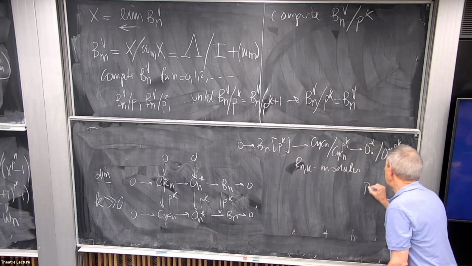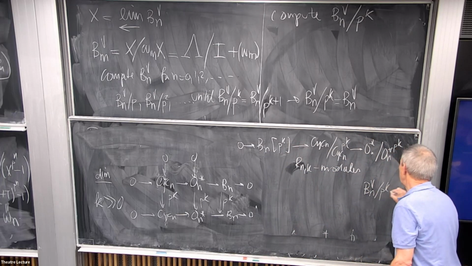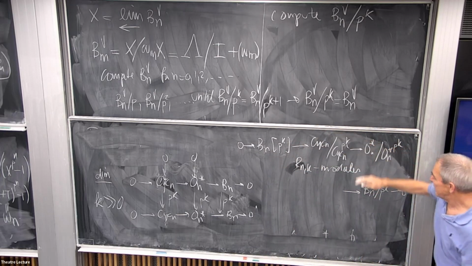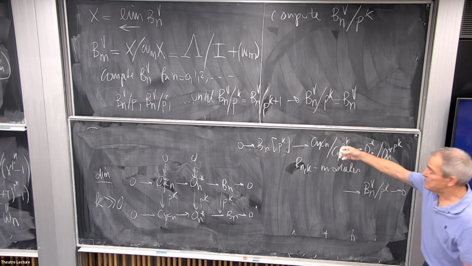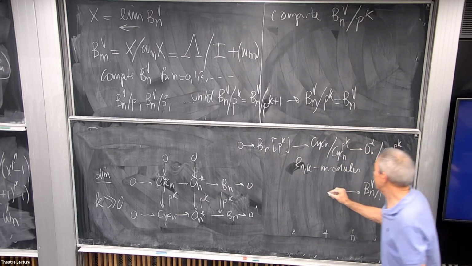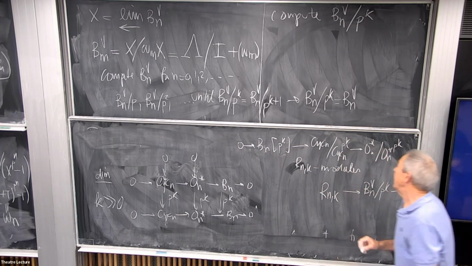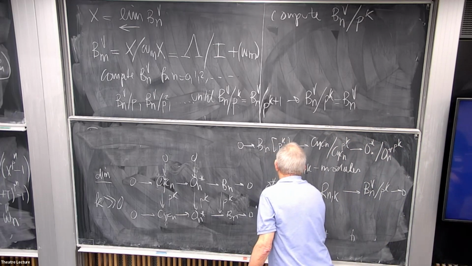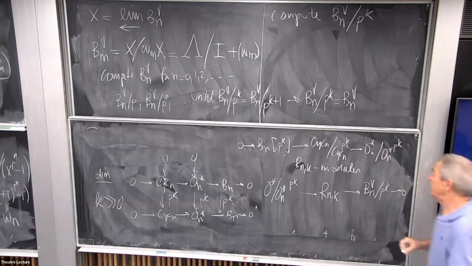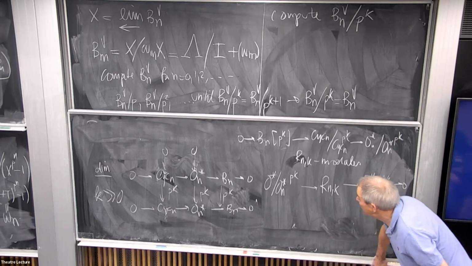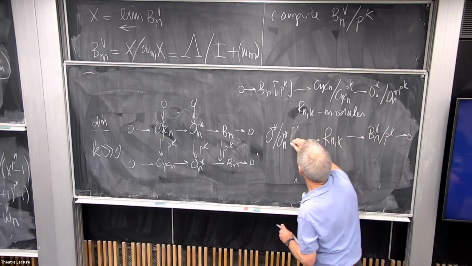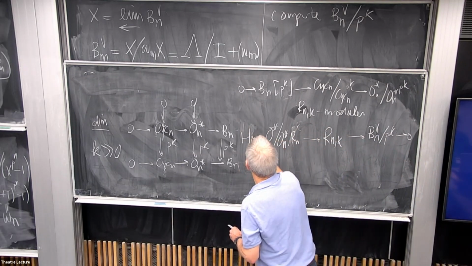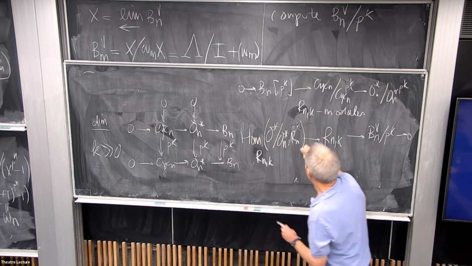So I get Bn dual modulo p to the k, that is the dual of this. Then I get the dual of this, and this is free of rank one, so this is Rn,k. Or actually, no, sorry, I should take the dual. So this is Rn, and then here we have Hom(-, Rn,k). Yes, there it is.